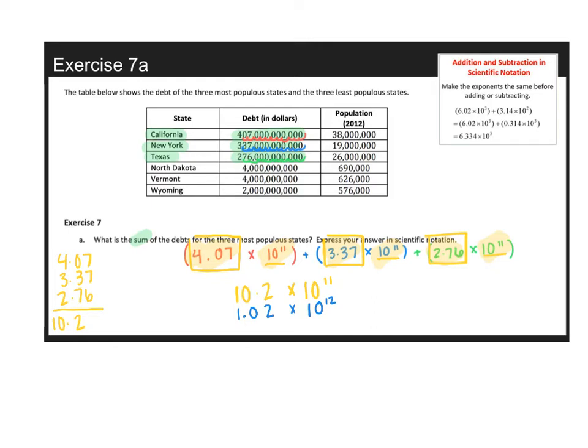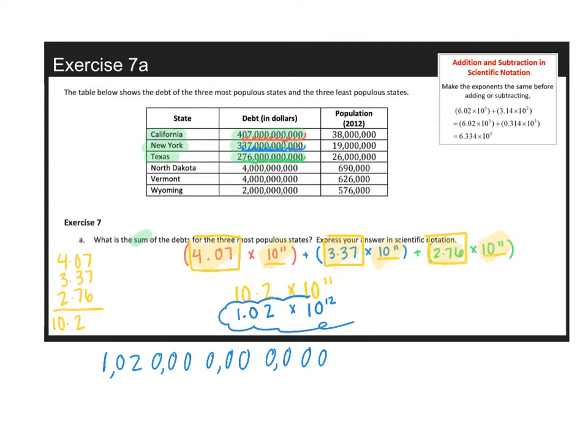And I could actually write that number out if I wanted to. I would just have to move my decimal 12 spaces. So there's 1, 2, 3, 4, 5, 6, 7, 8, 9, 10, 11, 12. So this is the actual number of those states added together, the debt.